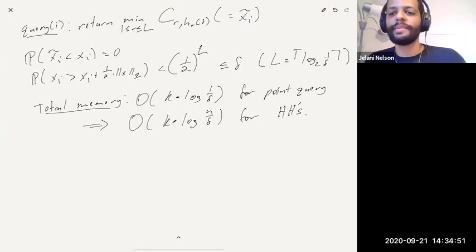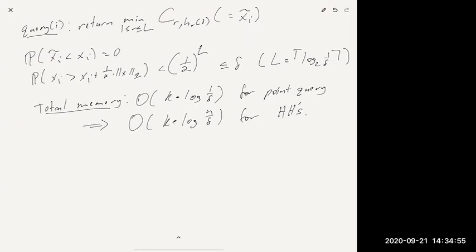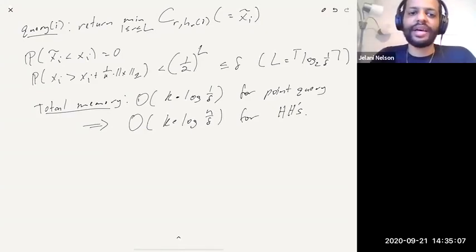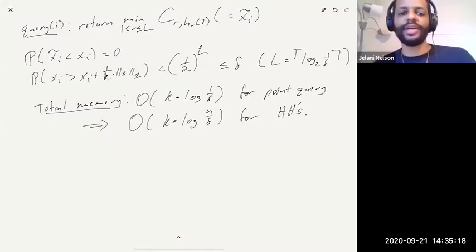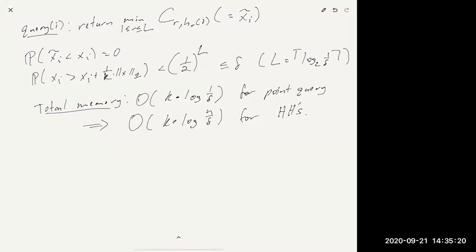Any questions about that? We want it within 1 over k of the L1 norm of x, plus or minus. Or do we want it exactly at plus 1 over k L1 norm and minus 1 over k L1 norm?